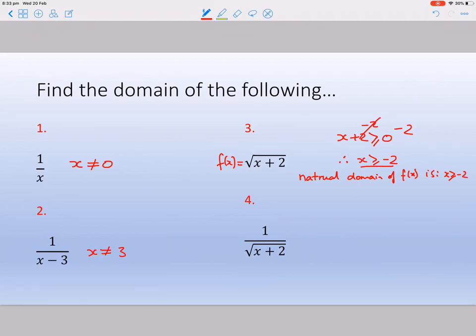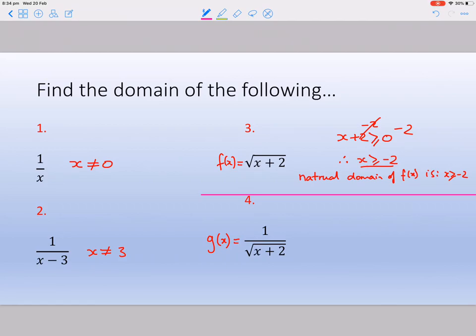I'm going to make this bottom one g of x, so it goes with our function topic, because I just want to make a distinction between them both. I'm probably going to use another coloured pen, and I'm going to put a straight line here so we can get going.